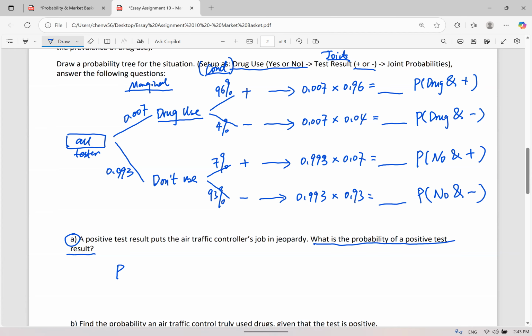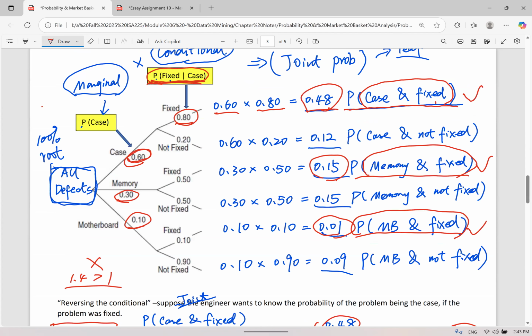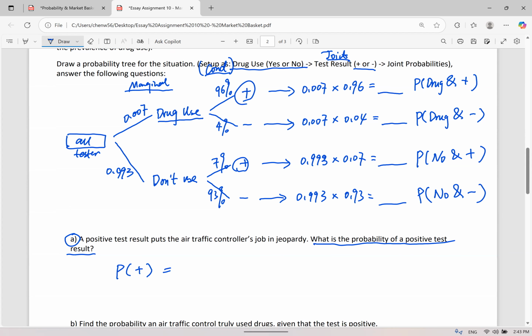So that means you are looking for a probability of positive test result, right? Do you want to use 96% plus this 70% for both positive results? You say we don't want to do that, right? Because they are all conditional probabilities. So what should we do?